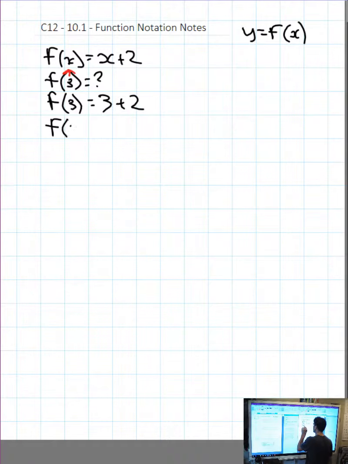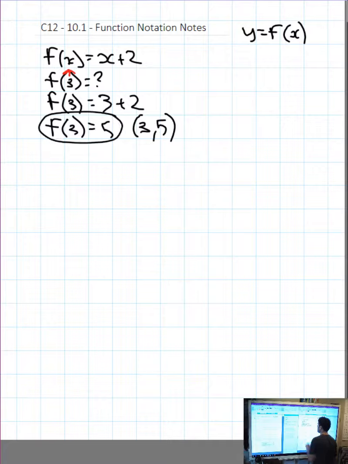Therefore, f of 3 is equal to 5. And what that means is we have the point on the graph, 3, 5.